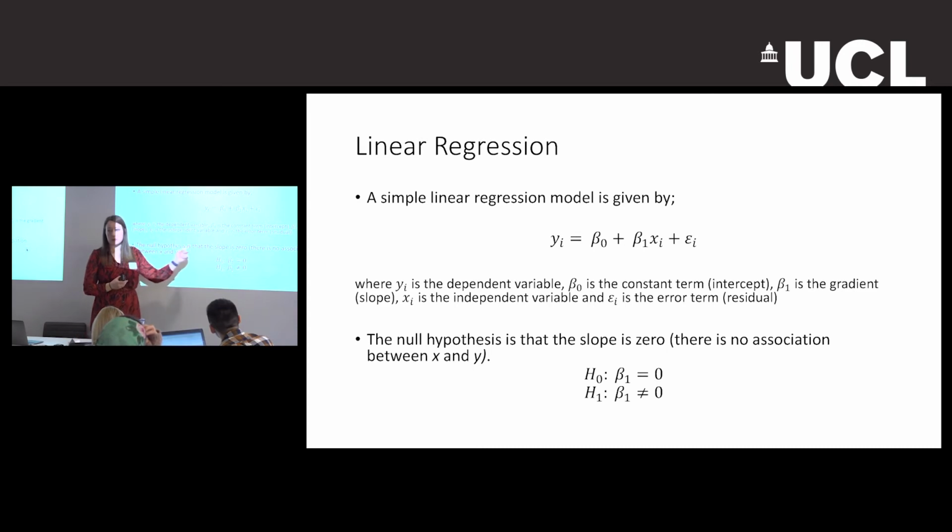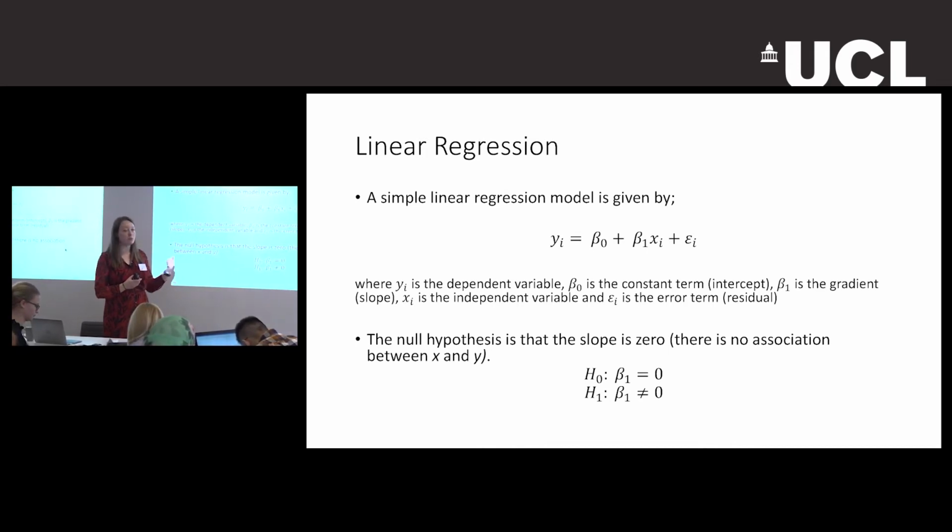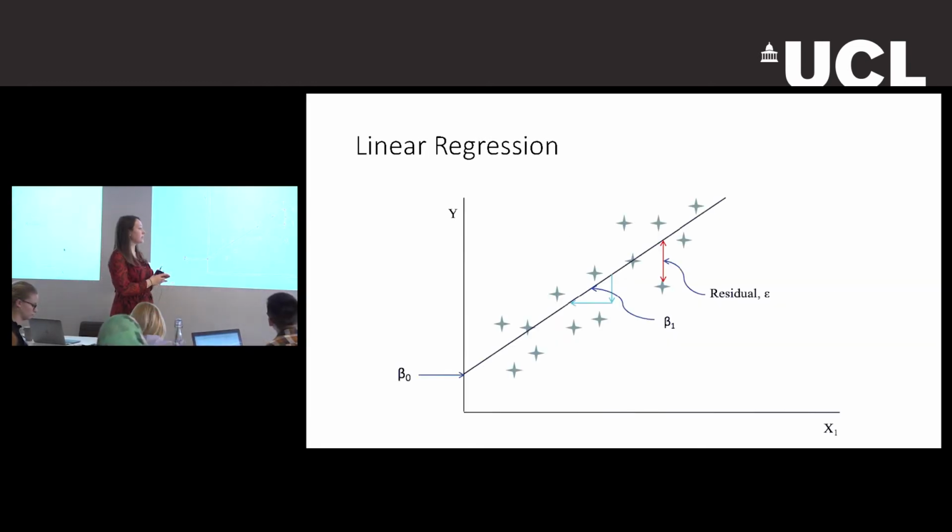And so going back to your hypothesis testing, when you're looking at regression, the null hypothesis is that the slope is 0, so that you have a horizontal line, and your alternative is just that it's non-zero. This is what it would look like. The solid line here is your regression line. These crosses are your points. Beta naught is the intercept, where your regression line crosses the y-axis.